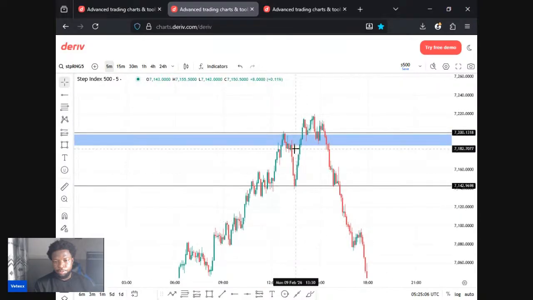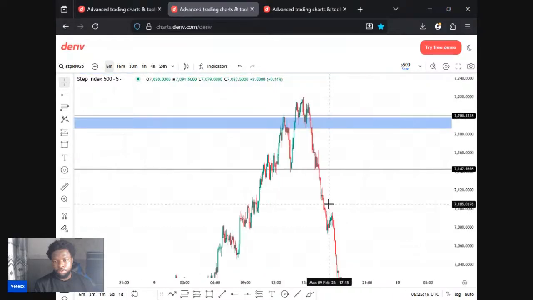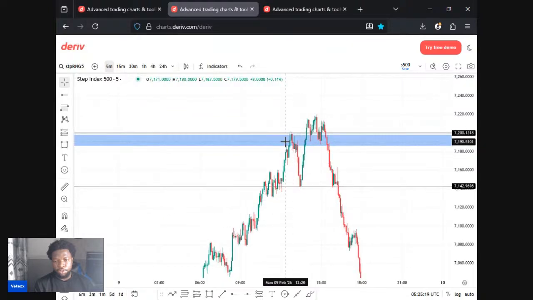So price tapped into it, confirmed, and then did all of this and sold off. Did all of this and sold off. So if we take this trade, our SL will be somewhere around here. But then we got stopped out.